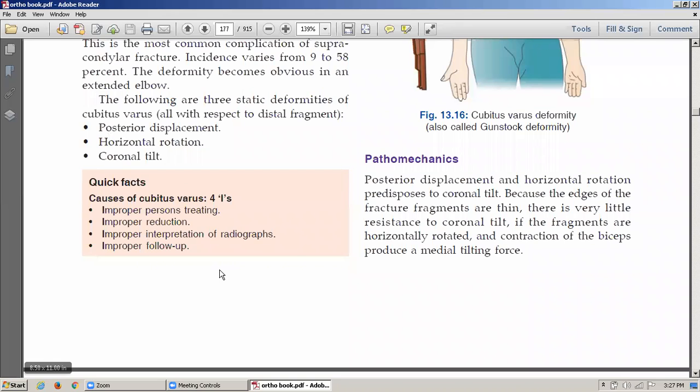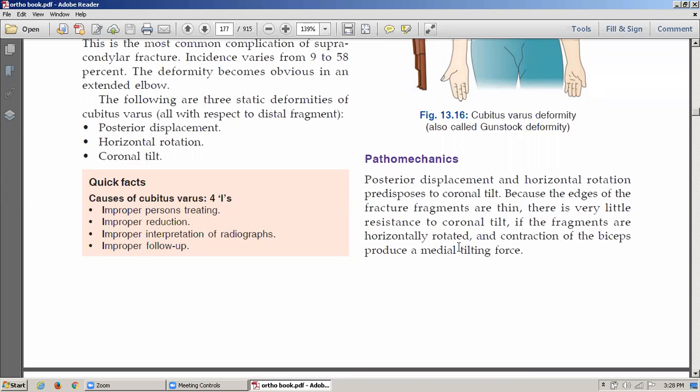Regarding pathomechanics, posterior displacement and horizontal rotation predispose to coronal tilt. Because the edges of the fracture fragments are thin, there is very little resistance to coronal tilt.